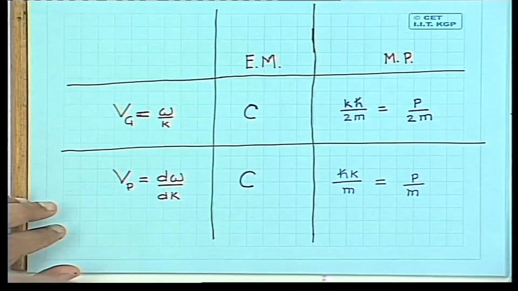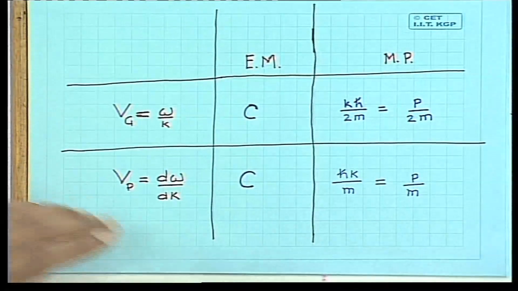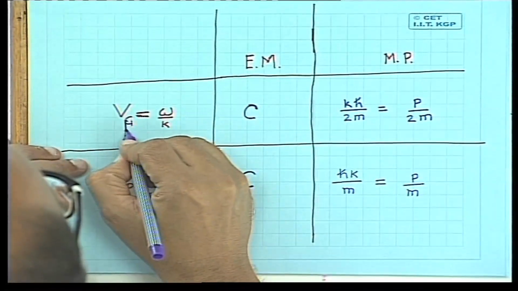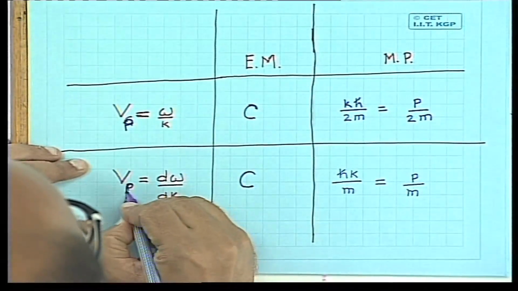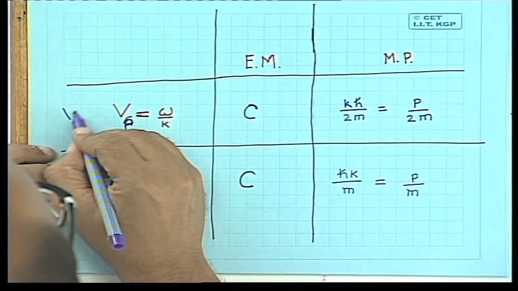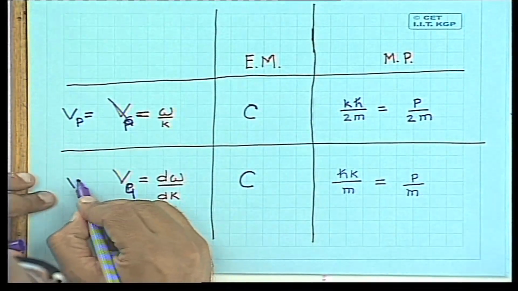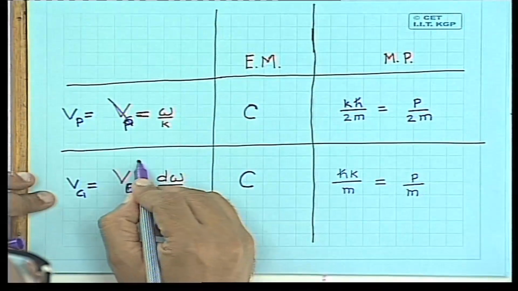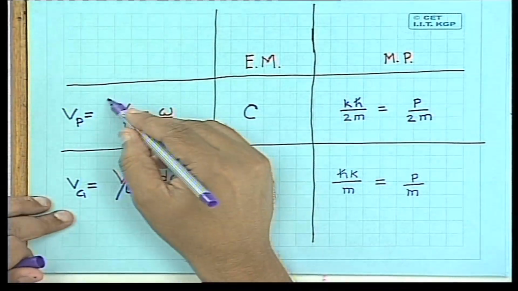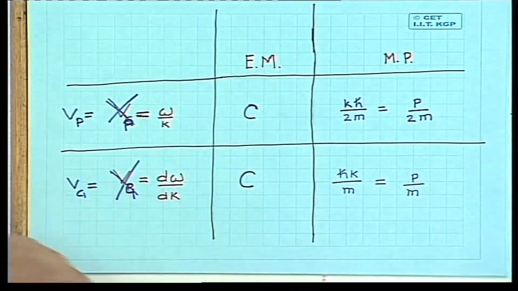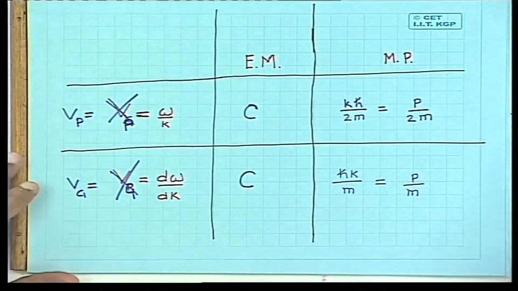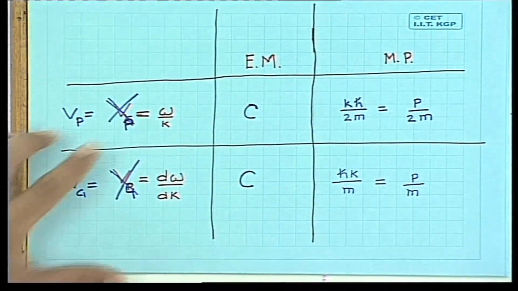Let us calculate the group velocity and the phase velocity for these two waves. The phase velocity is defined as omega by k.